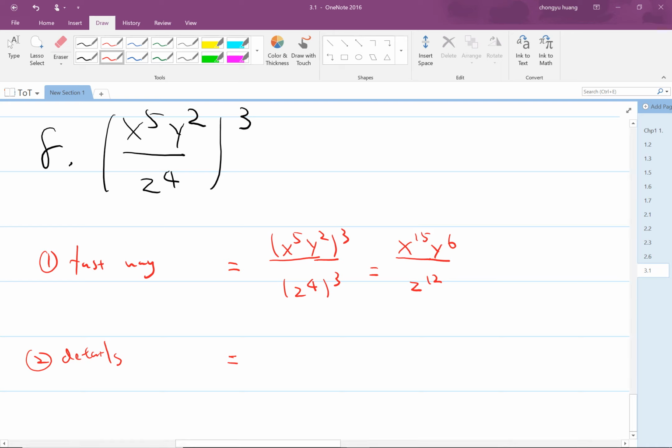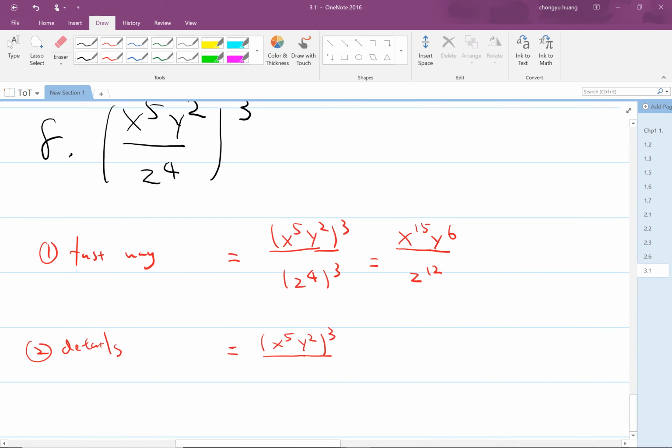Since we have a bracket, we have to get rid of the bracket in order to solve the question. How we get rid of the bracket is that x to the power 5, y to the power 2 and z to the power 3, because we have everything to the power 3, and this is one of the properties.